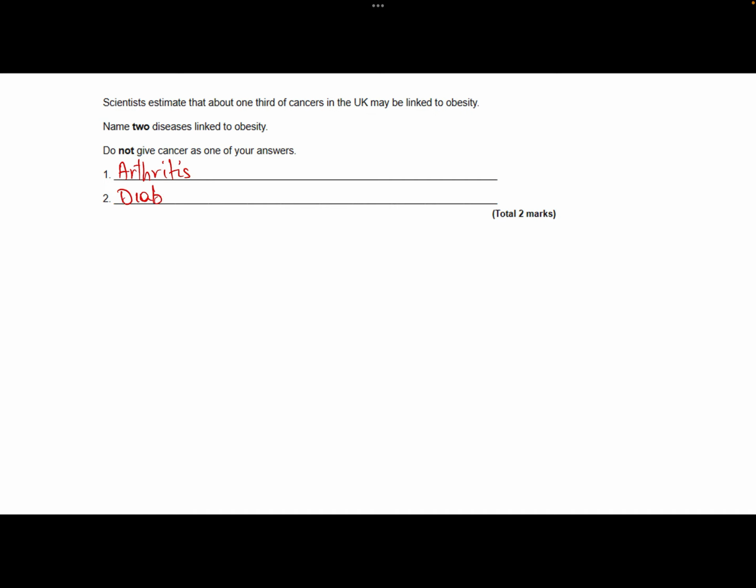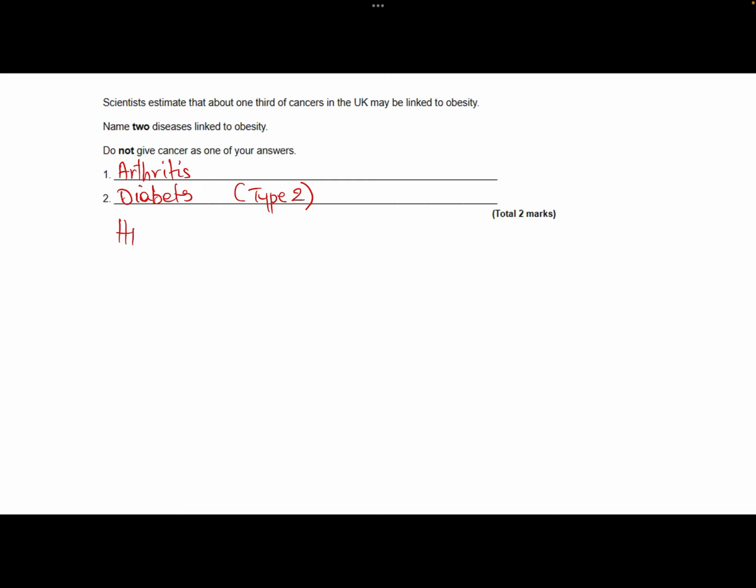Diabetes, for example, type 2. And type 2 diabetes is when your pancreas is making and releasing insulin. However, your cells are not responding to it.